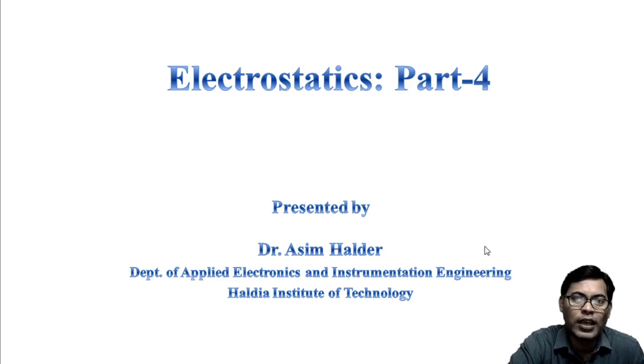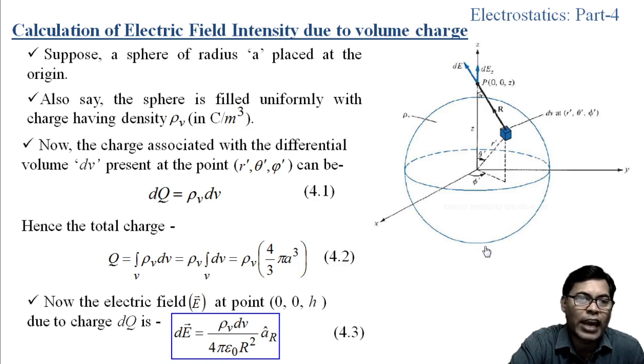So here, an extensive discussion on the calculation of the electric field intensity due to the volume of charge is not given. So let us start the topic, that is, the calculation of electric field intensity due to a volume of charge.